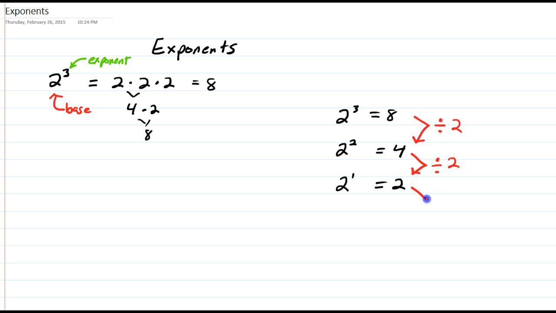And that's important because I now want to look at the pattern of my exponents. It goes 3, 2, 1. So if I keep going in this direction, my next exponent would be 2 to the power of 0. And so now 2 to the power of 0 has to follow my rule. So I have to divide by 2.